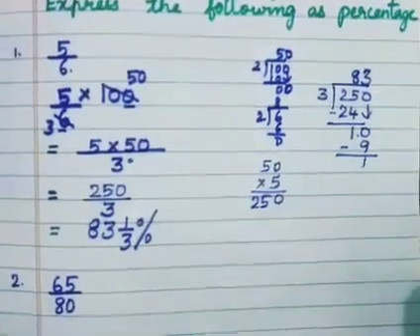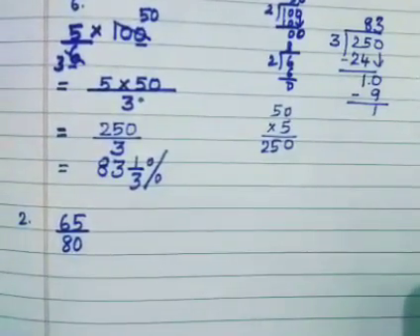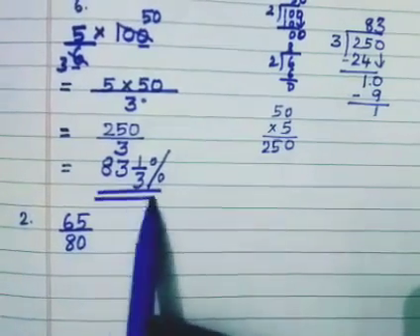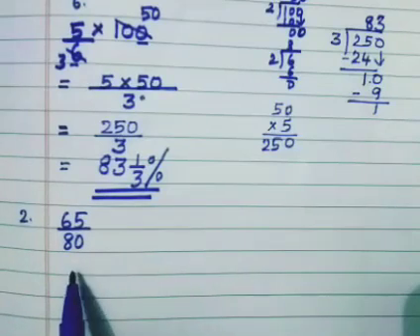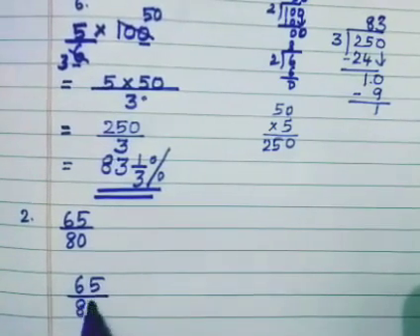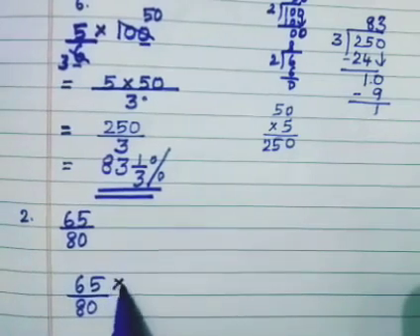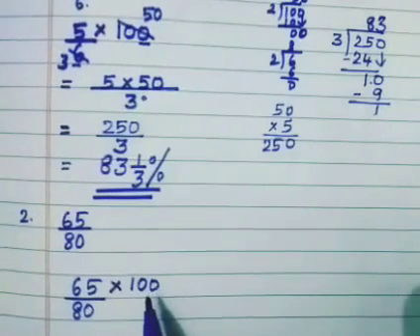Then look at the next question. Next is 65 upon 80. So rewrite that fraction, 65 upon 80. You must multiply it by which number? Multiply it by 100. So this is the method you have to remember.